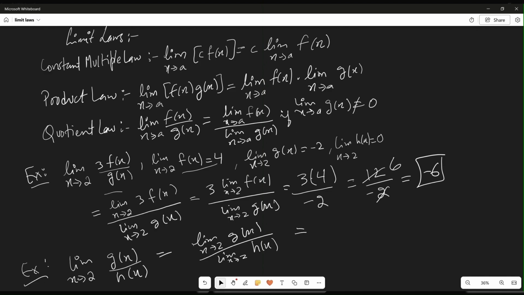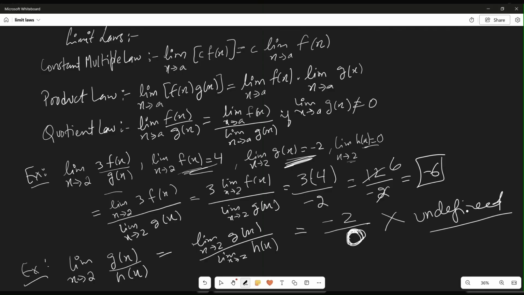And we are given that the limit as x approaches 2 of g(x) is equal to negative 2, and we have also been given that the limit as x approaches 2 of h(x) is equal to 0. So here, since 0 is in the denominator, this is undefined. So in this case, the answer would be undefined.